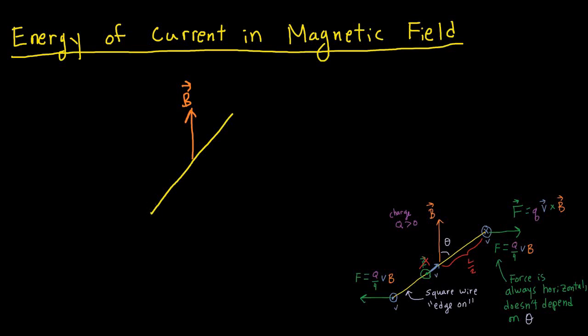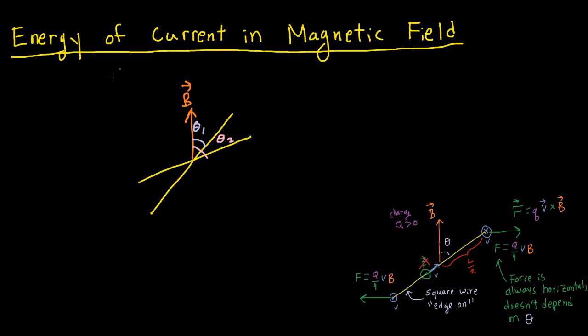And say that the wire makes some angle, which I'll now call theta sub 1 with the B field. And imagine taking this wire and through some process, doesn't really matter how, rotating the wire. So instead of making an angle of theta sub 1, it makes a different angle of theta sub 2.